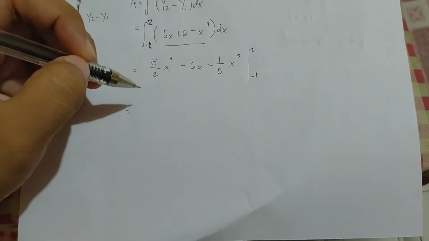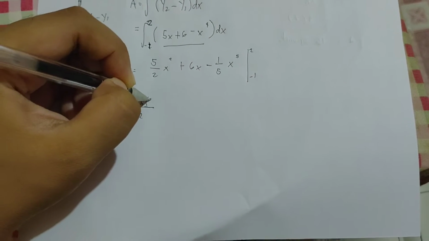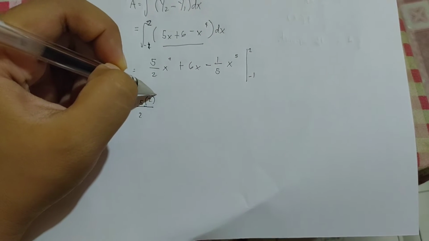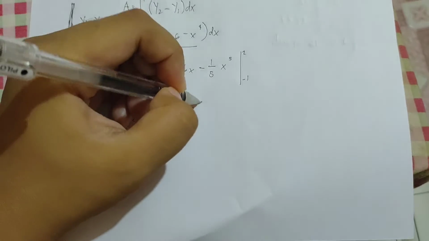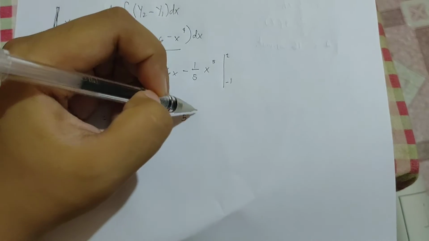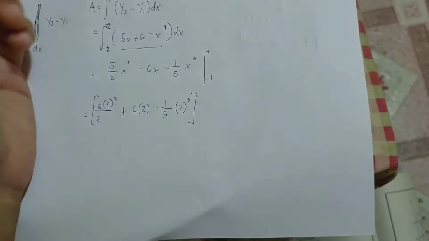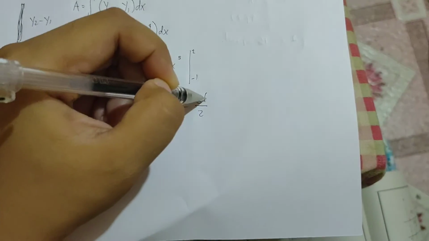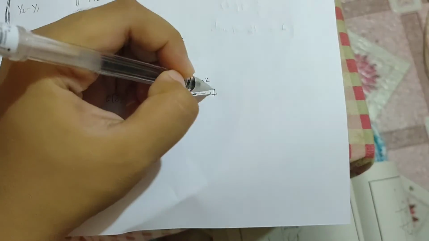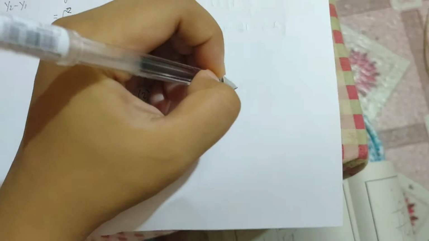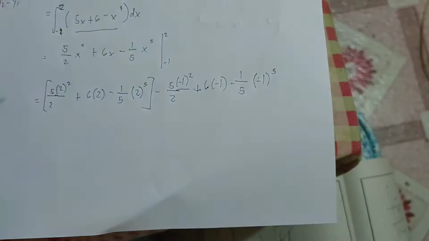It's 5 over 2 times 2 squared plus 6 times 2 minus 1/5 times 2 raised to 5, minus 5 over 2 times -1 squared plus 6 times -1 minus 1/5 times -1 raised to 5.